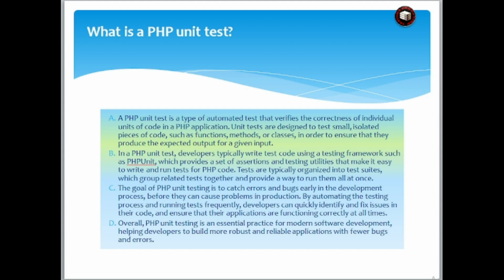PHP unit test developers typically write test code using a testing framework such as PHPUnit, which provides a set of assertions and testing utilities that make it easy to write and run tests for PHP code. Tests are typically organized into test suites, which group related tests together.